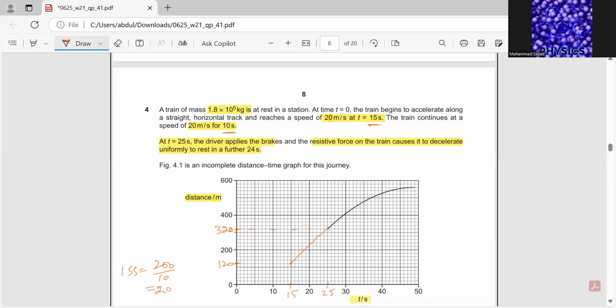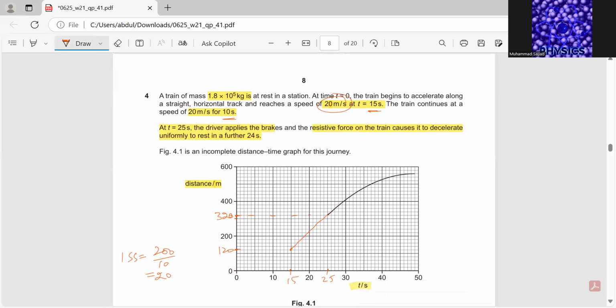Okay, my dear friends, I have used 15 seconds and the line I started from 120 meters to 320 meters. Why? Speed should be 20 meters per second. Now, speed is equal to distance over time. 320 minus 120 divided by 10 is 20 meters per second, which is our required speed. That's why you have to use this.